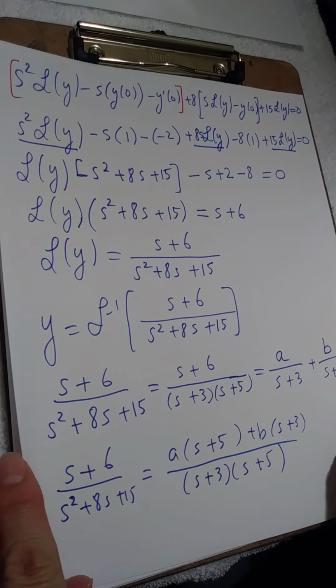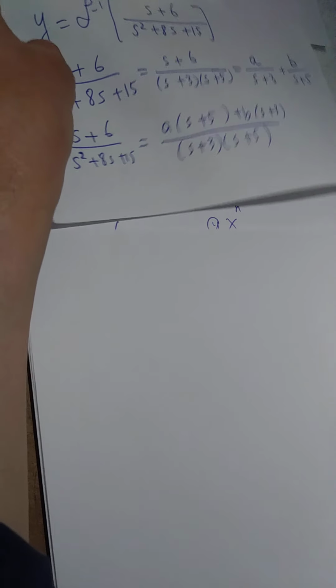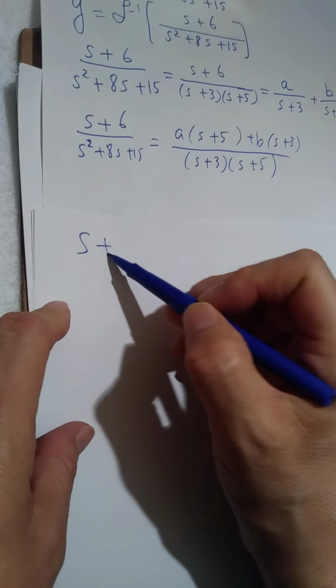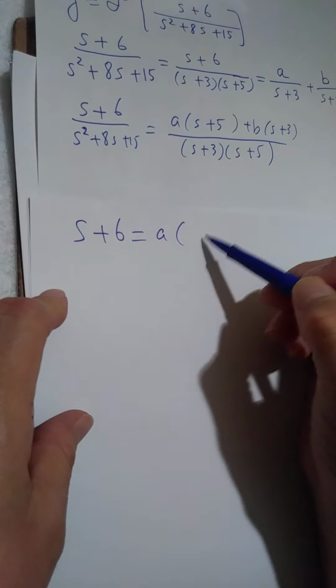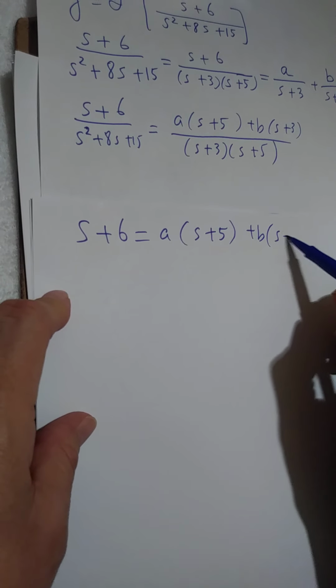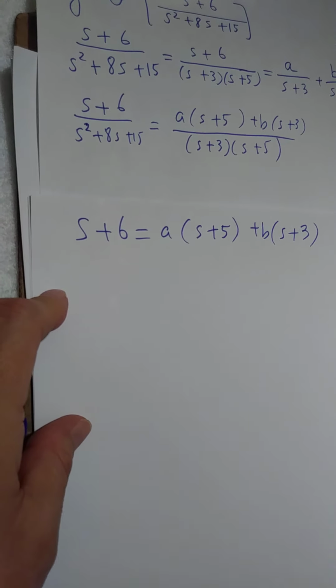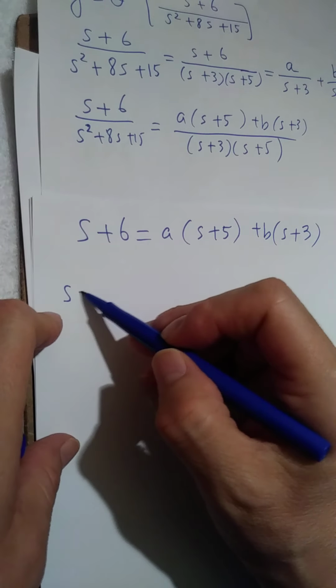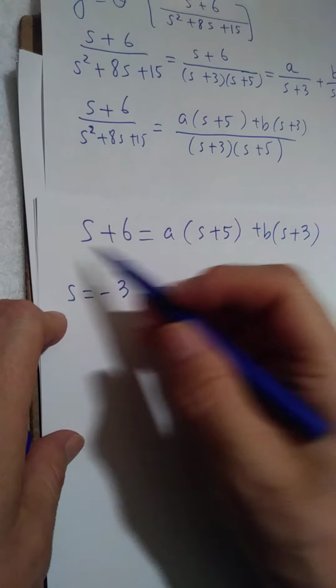And that's going to give us two linear equations to solve for a and b. It's going to look like this. S plus 6 equals a times s plus 5 plus b times s plus 3. I'm going to use method 2 to solve this. Take two numbers for s. Okay, I'm going to take s equals minus 3. S can be anything.